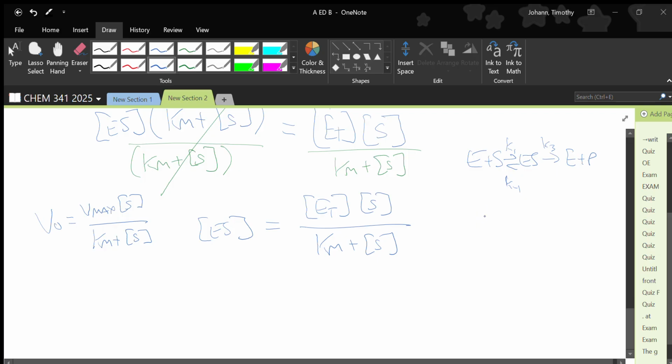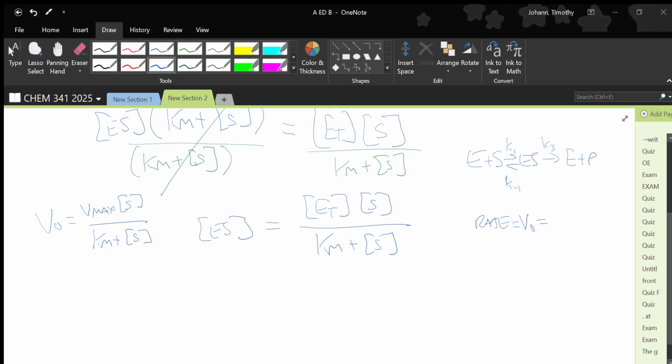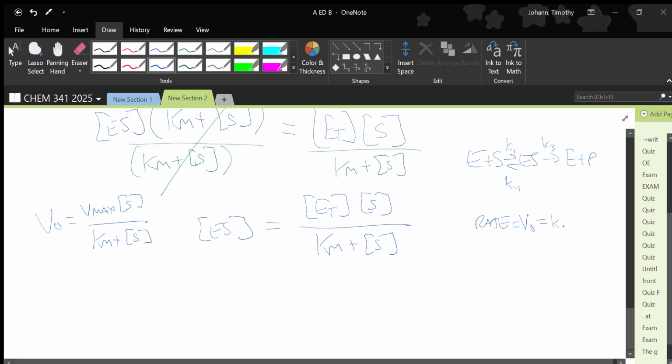The rate of our reaction, we're going to call V naught, the initial rate, and that's equal to enzyme substrate complex times K3, which we're now going to call Kcat. So Kcat times enzyme substrate complex.